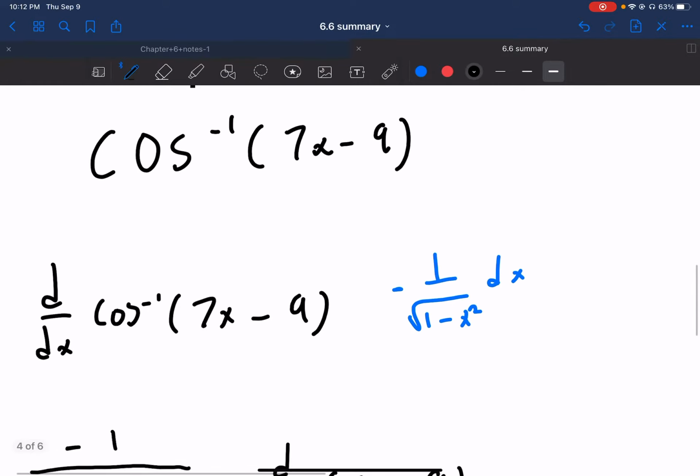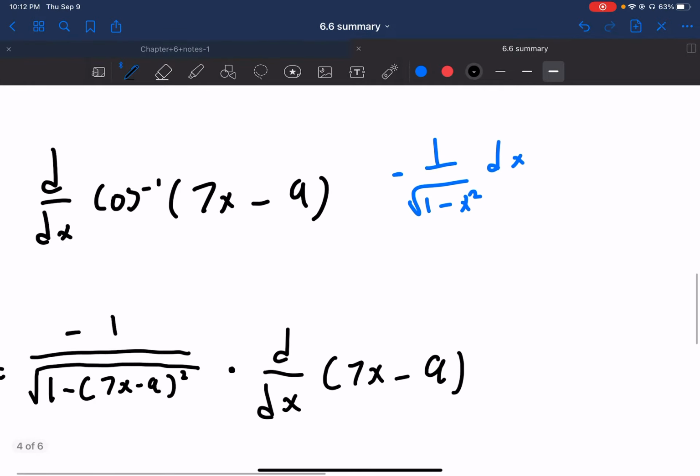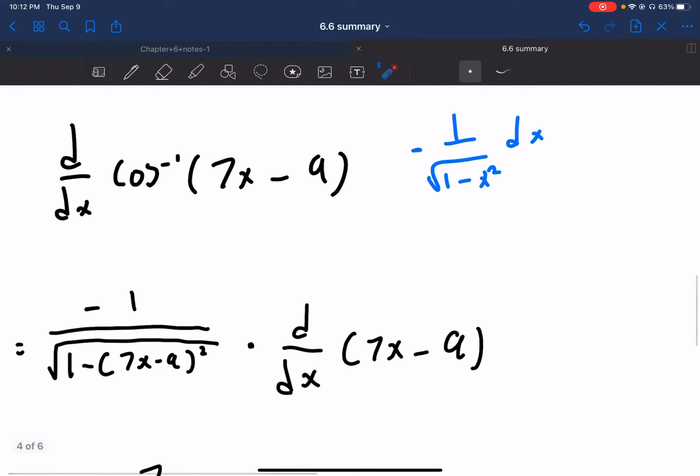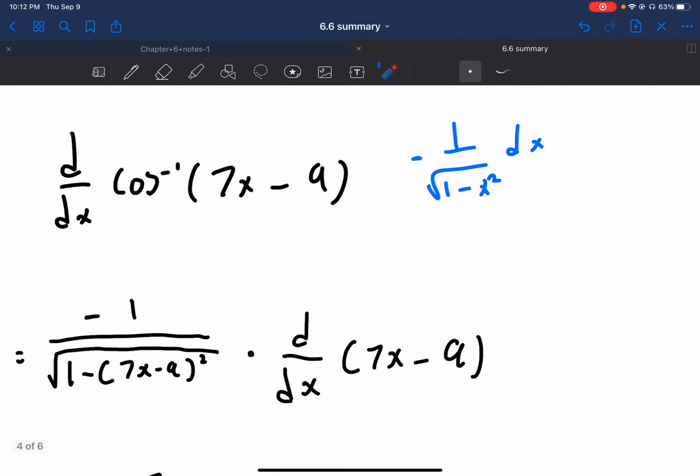So after that, you get this bit right here, negative 1 over the square root of 1 minus the inner function, which was 7x minus 9, squared. And because there is an inner function here, we do have to apply the chain rule. So you multiply it by the derivative of the inner function, which is d over dx of 7x minus 9.